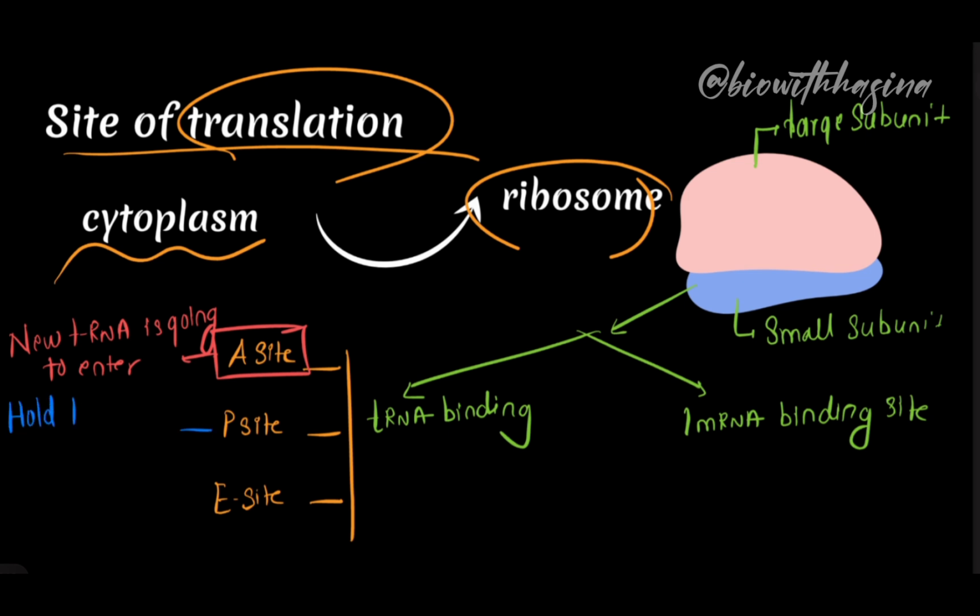Also, this E site is the site which is going to say tata bye bye, that is, it is the tRNA exit site, where your tRNA is going to exit.